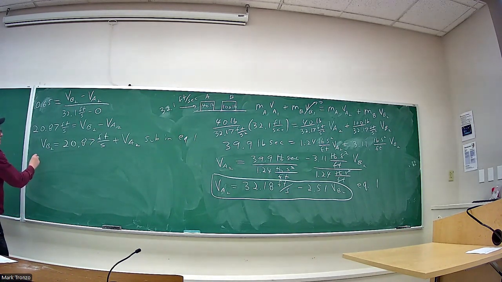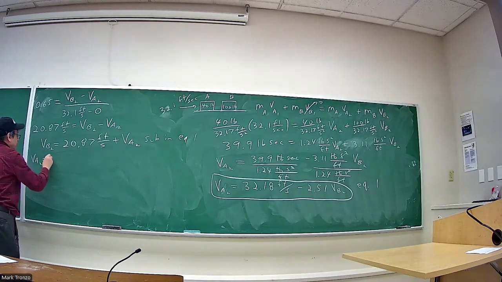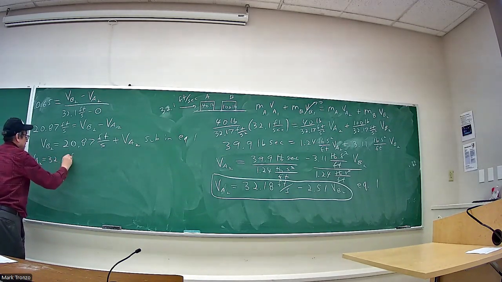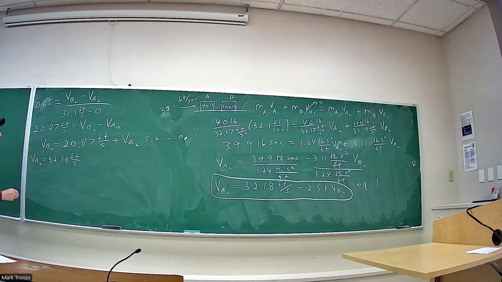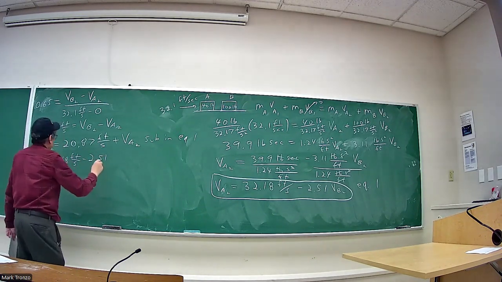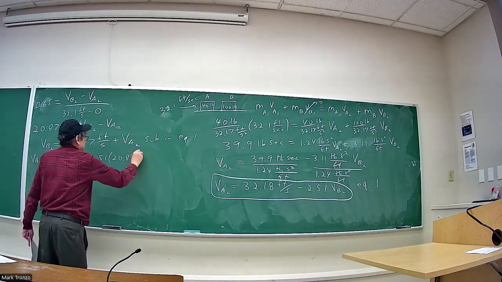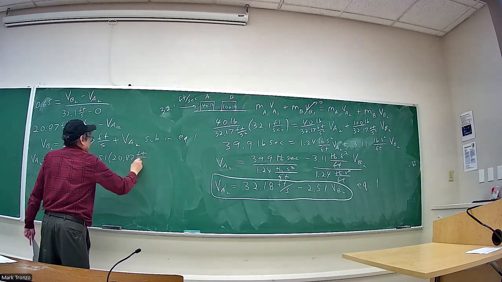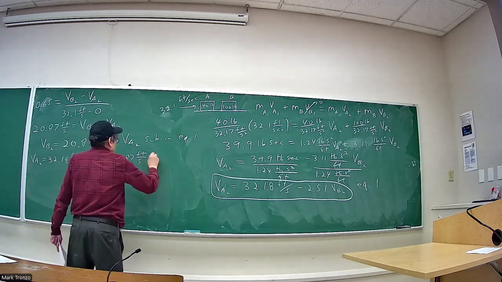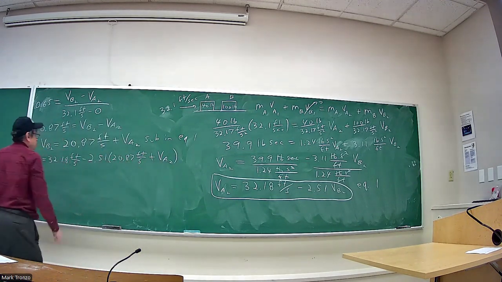When we do that, that means VA2 is going to be 32.18 feet per second, minus 2.51 times 20.87 feet per second, plus VA2.